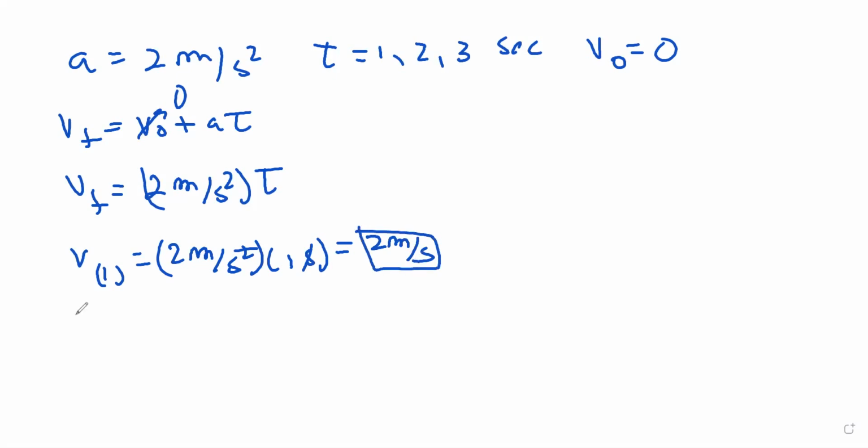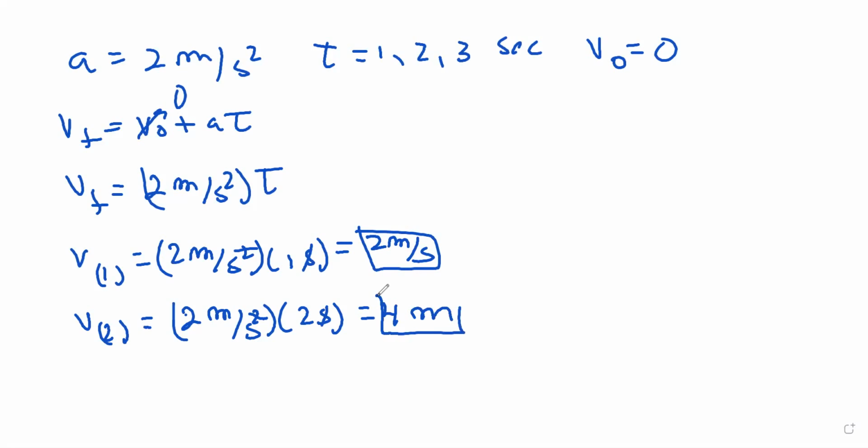and you got your first velocity. So let's do it for 2 seconds. So it's going to be 2 meters over second squared times 2 seconds, and second cancels with the square, so it's going to be 4 meters over second. And let's do it for 3.